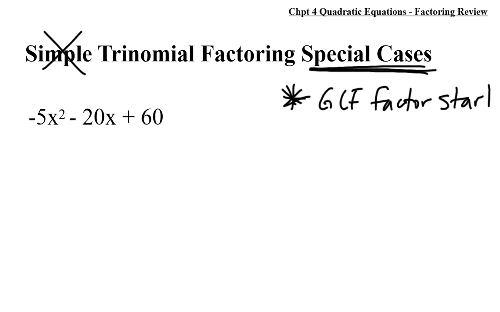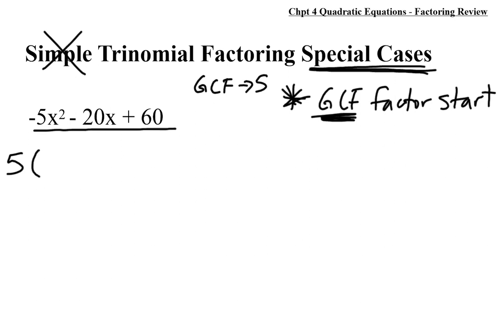Every question, every time you get asked to factor, you should start with a GCF. Is there a GCF in there? So we have negative 5x squared, negative 20x, and a 60. In fact, we have a GCF of 5. So I'm going to factor out the GCF of 5.